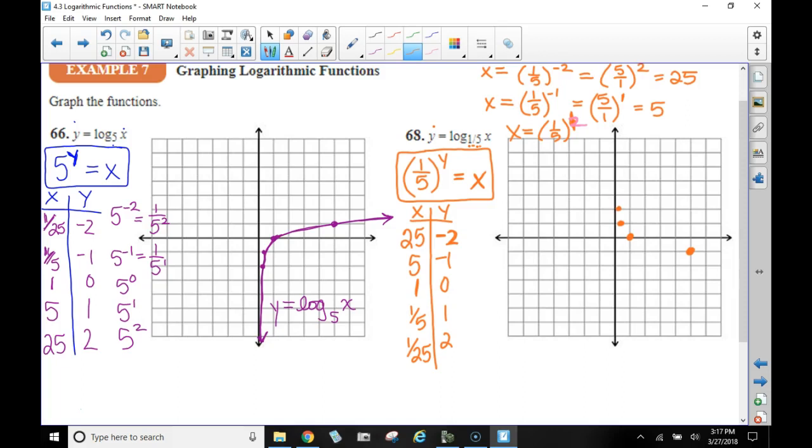Okay. All right, you see the little swoopy shape? Treat that y-axis as a vertical asymptote and draw a nice little smooth curve through all these points. I'm going to head toward 25, -2. Here we graphed y equals the log of x with base 1/5.